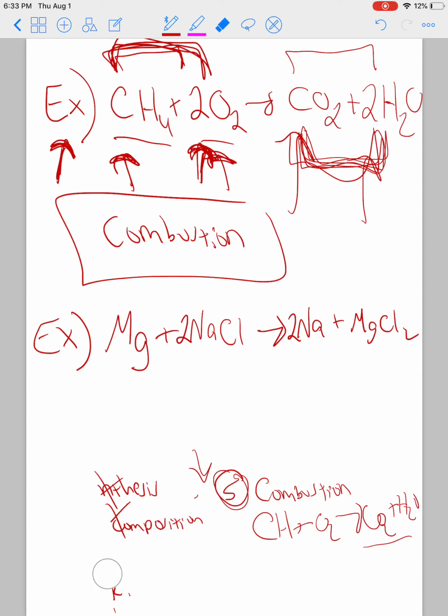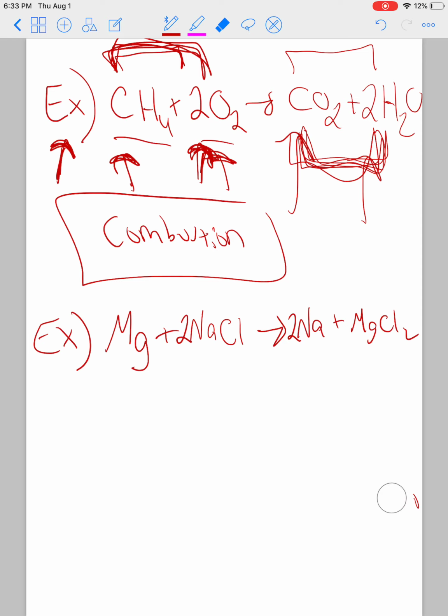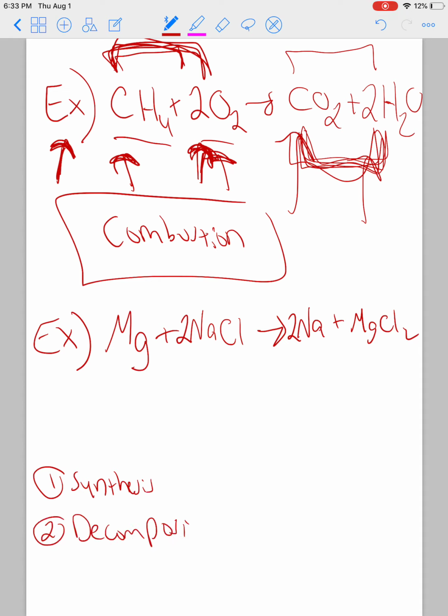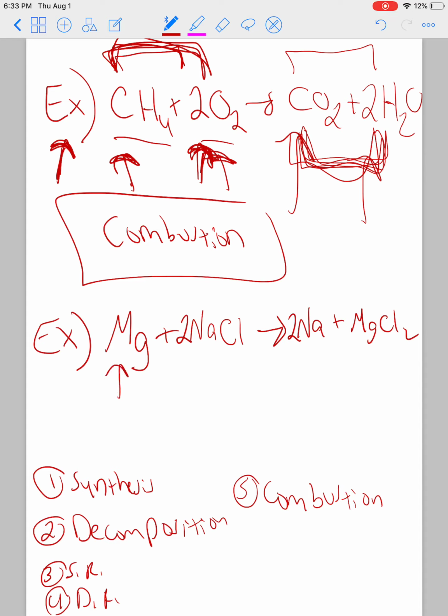Now let's look at our second example. Got to rewrite the 5 types. Okay, so remember synthesis: 2 single elements coming together to form one new compound. I have one single element, but then a compound, not a single element.